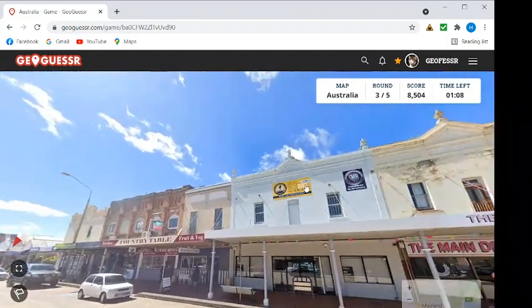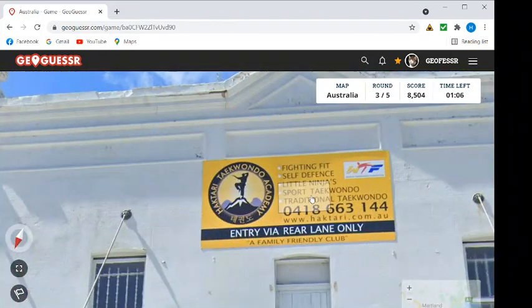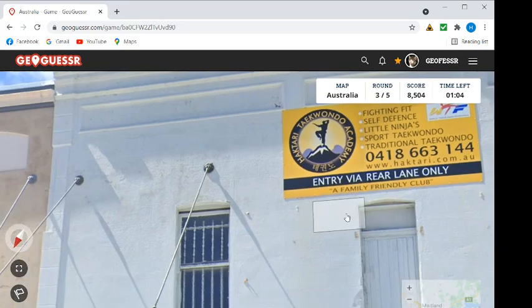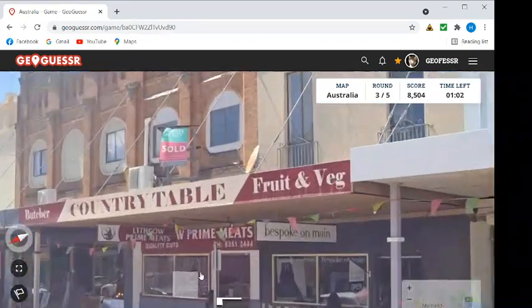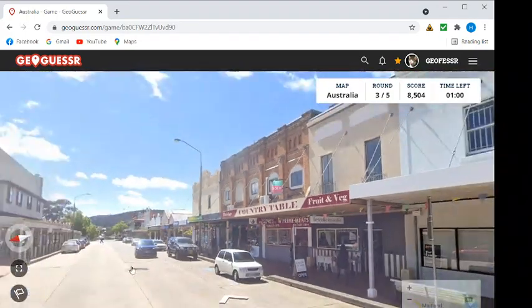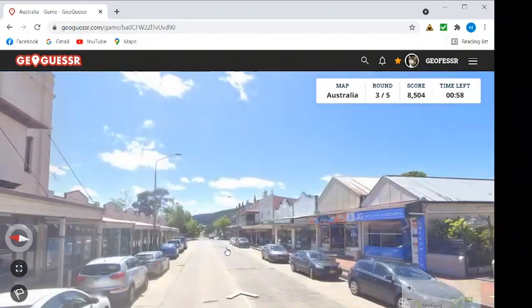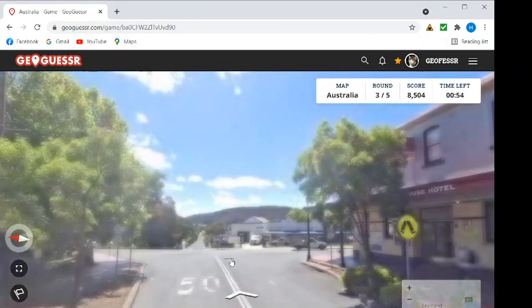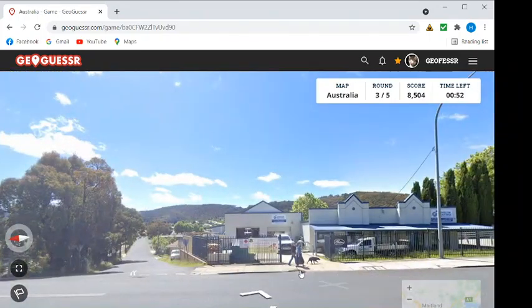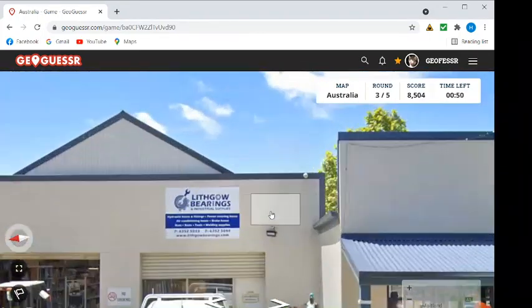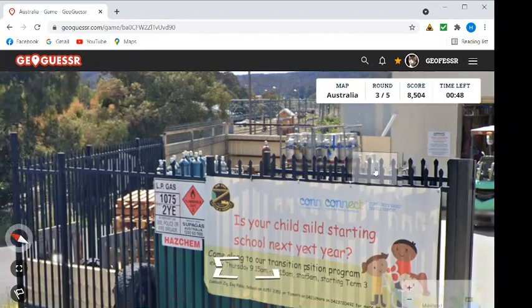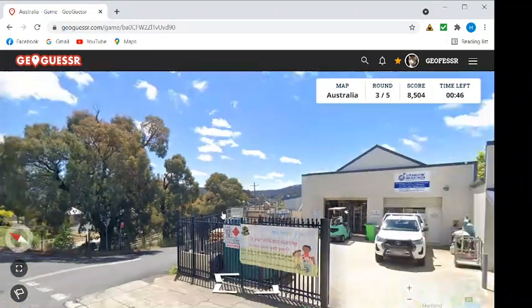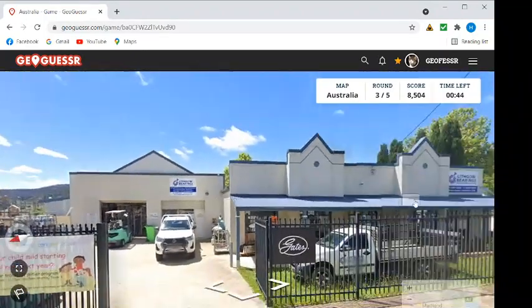Yeah, again here, interesting. There's some older buildings. Lithgow bearings. Okay, so we almost have to be in Lithgow.